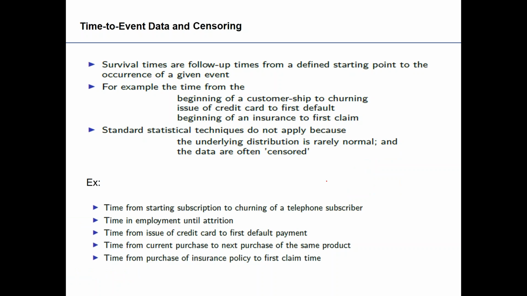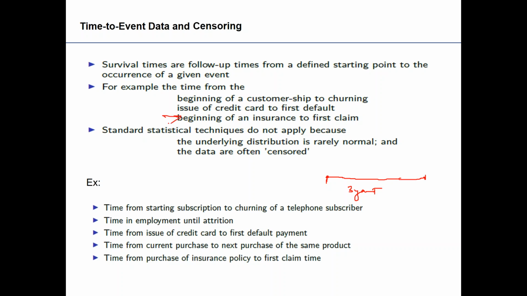A customer is given a credit card for transactions. He is doing transactions all the while, and suddenly after 3 years, for the first time he has defaulted. So this 3 years would be the time to event. We are not looking into incidents after the first event has occurred.